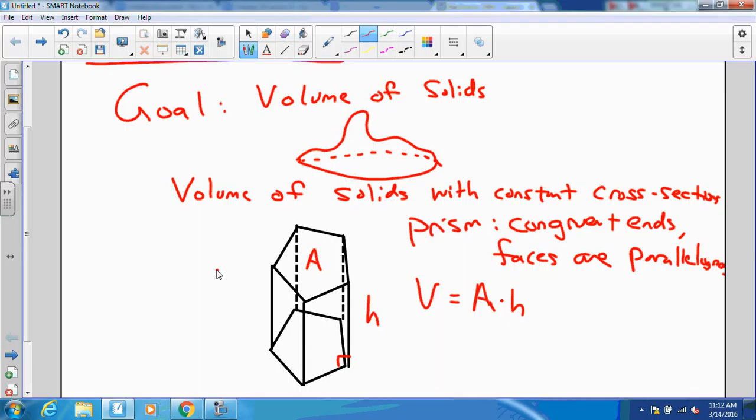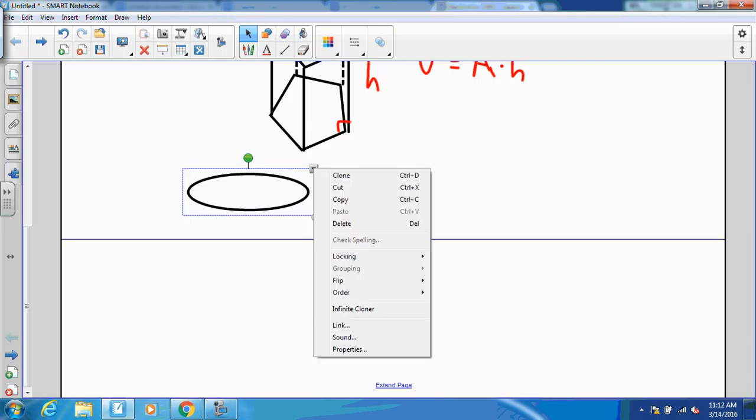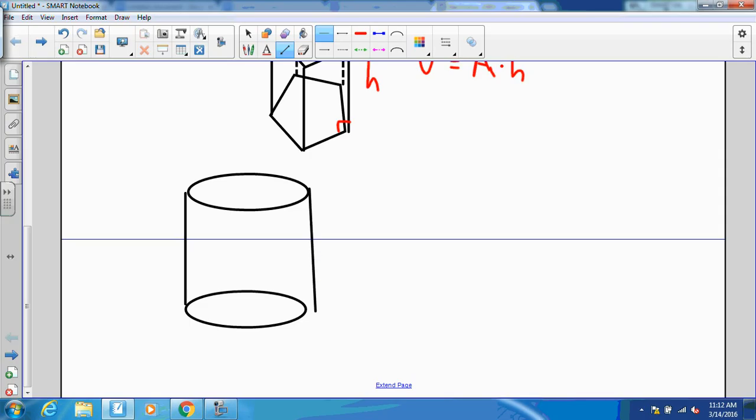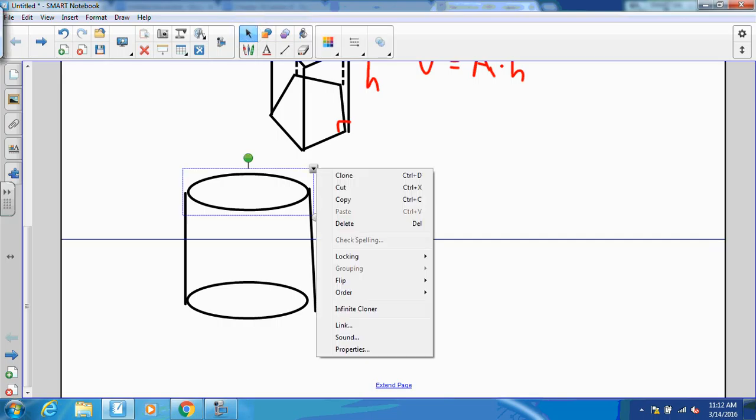Let's see here. What other sorts of prisms and prism-like shapes could we make? We could have, for example, a cylinder that has two circles as ends, like so. Weird. It changed the size of that circle.